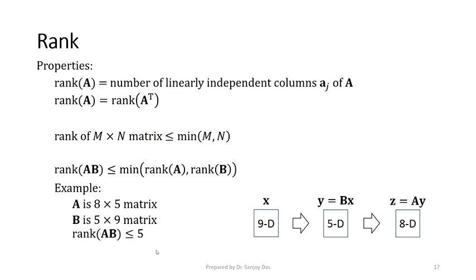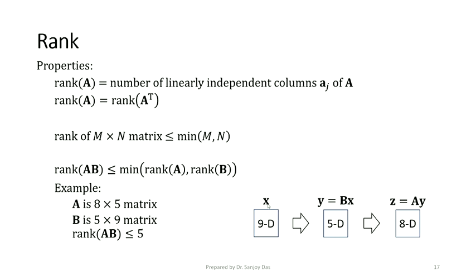So I start with a 9-dimensional space, Euclidean space here, which is in 9 dimensions. I take a vector in 9 dimensions, that's x, and then I do this transformation Bx. Bx is 5-dimensional because B is 5 by 9.